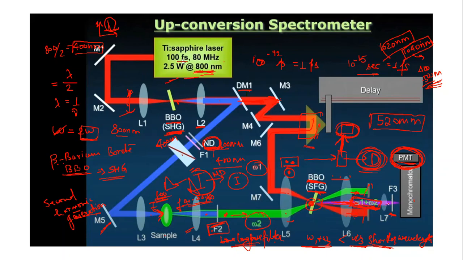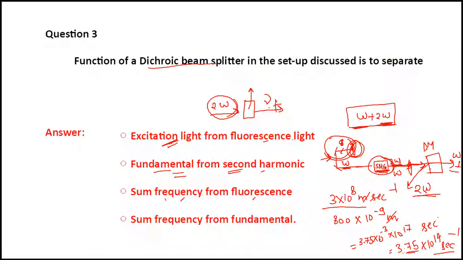And these two are further separated using this short pass filter, which we already discussed, but we will discuss in further questions more. Okay, so the answer for this question is fundamental from second harmonic. I hope you understood the explanation.